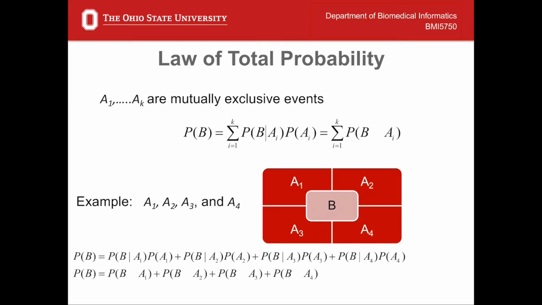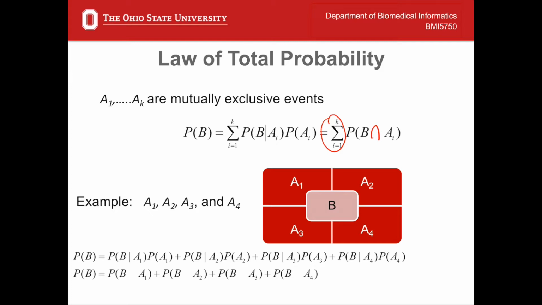Now let's move on to the law of total probability. Let's define A1 to AK as mutually exclusive events. Then P(B) is the summation of the conditional probability of B given Ai multiplied by the probability of Ai. We can write it in another form, which is the summation of the probability of B intersection with Ai.